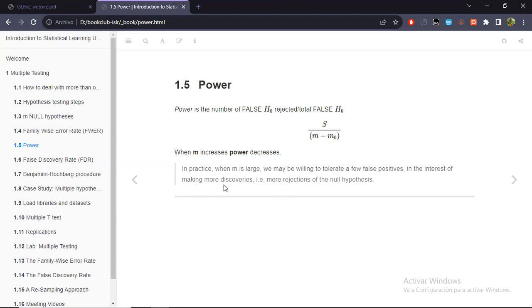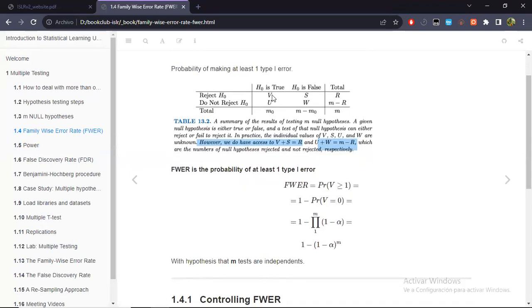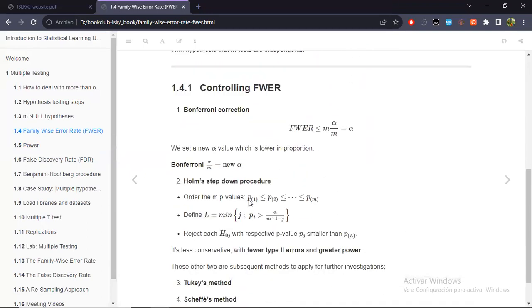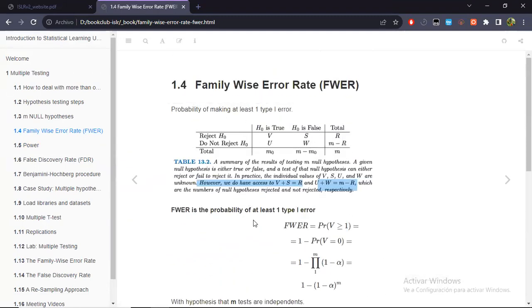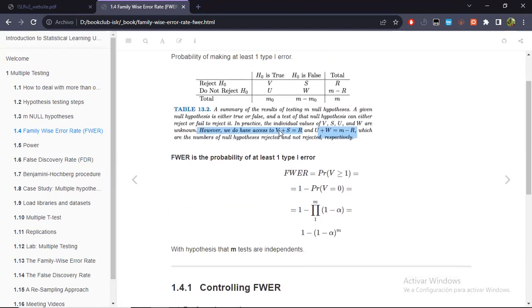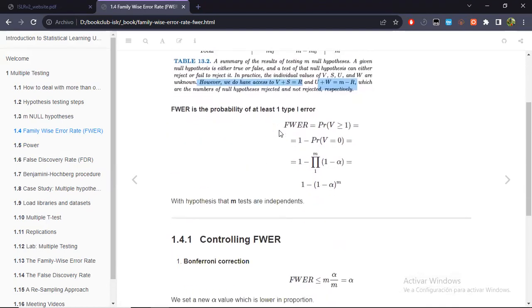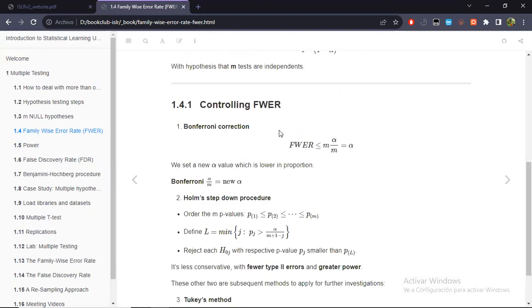That is, if we limit too much the bound for the family-wise error rate, that is the number of false positives that we are willing to accept, then, because the type 1 error is quite closely related to the type 2 error, as I said in the earlier section, there is a trade-off between them.